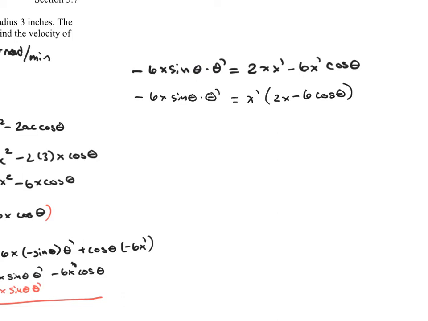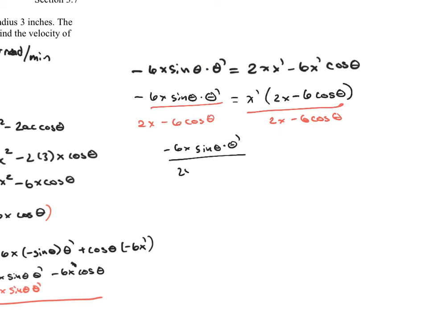We're going to divide both sides by 2x minus 6 cosine theta. And on the left, we would have minus 6x sine theta times theta prime all over 2x minus 6 cosine theta, and that would equal x prime.